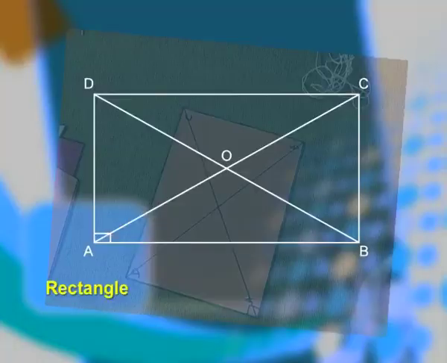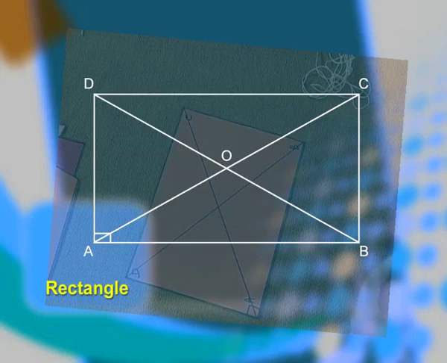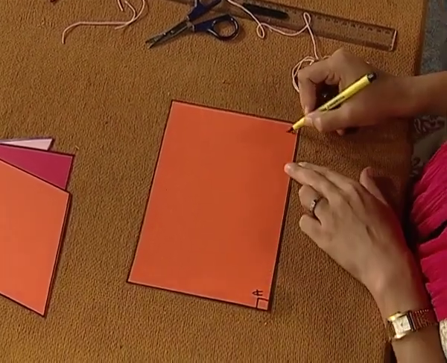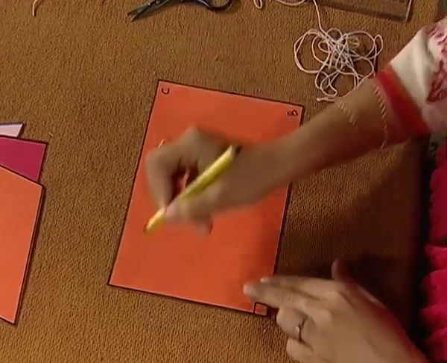Now, we will verify the properties of diagonals of a rectangle. We have with us a rectangle ABCD.